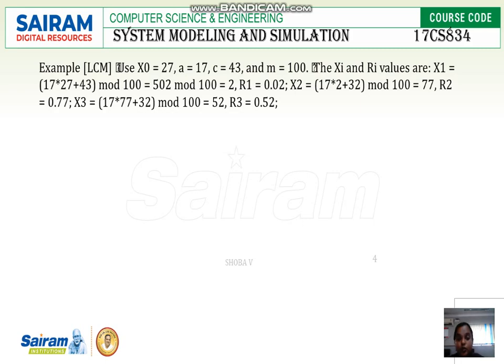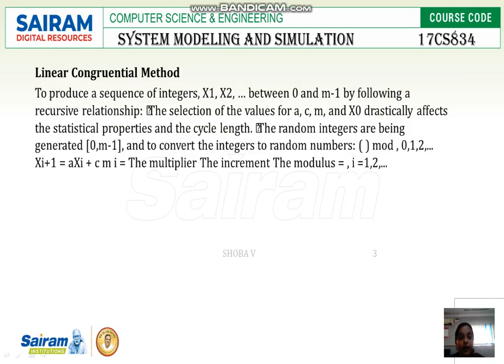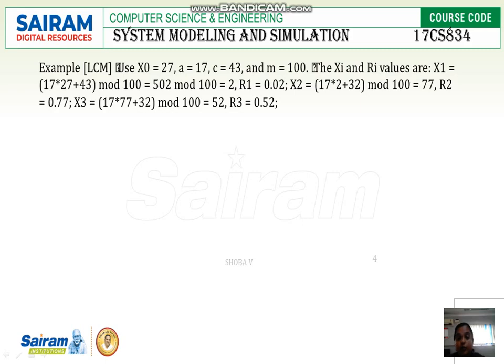The selected parameters are X0 = 27, a = 17, c = 43 and m = 100. We can apply these values in the formula to find X1, that is, find the remainder, the value of the modulus.